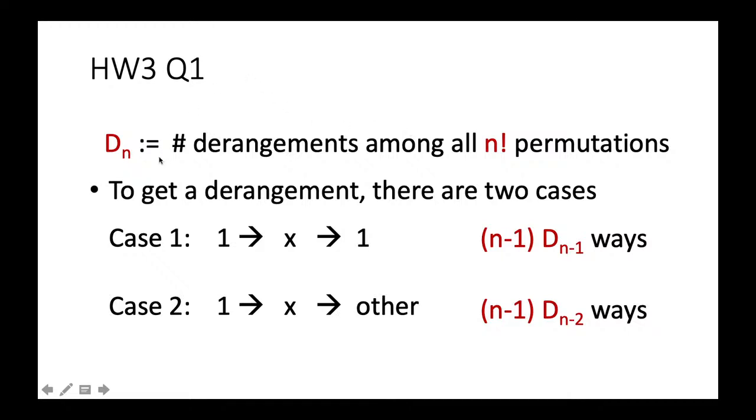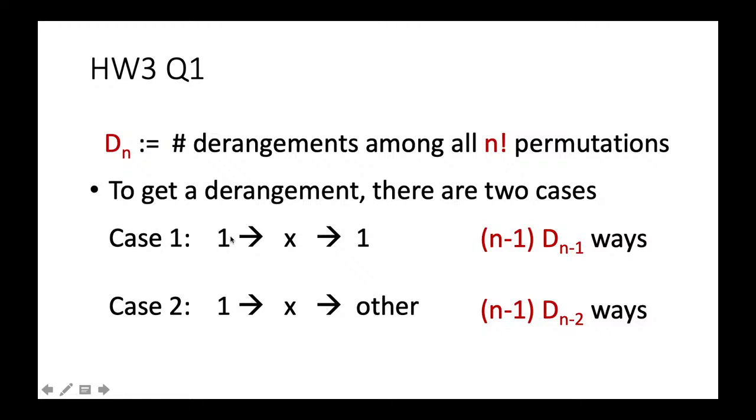We let d_n indicate the number of derangements among all n factorial permutations. We want to get the recurrence relationship of d_n with the former terms. Now what we can see is here. In order to get a derangement, we can separate the discussion into 2 disjoint cases.